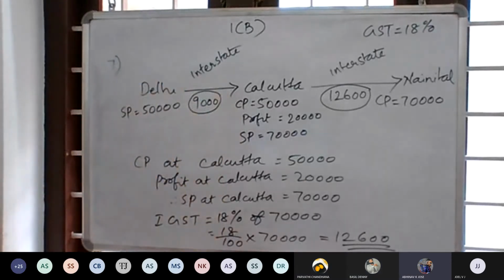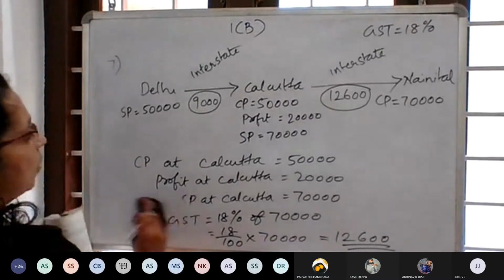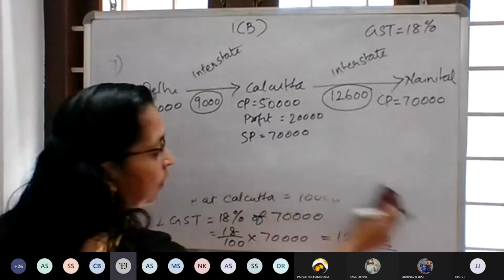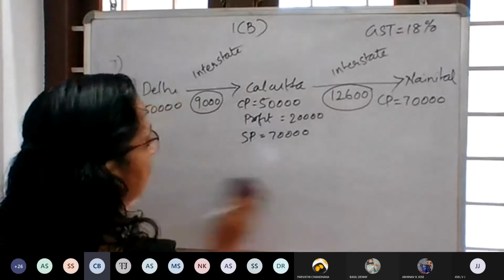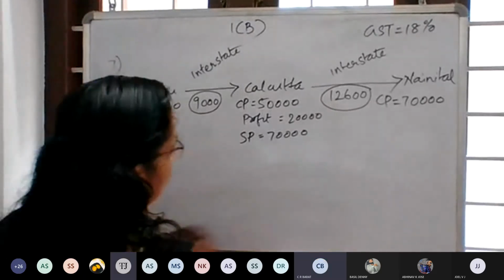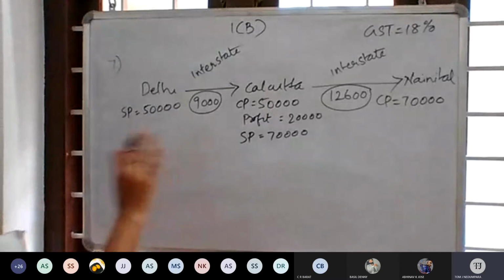So read the question. What are the things we want to find out? We want the output tax in Delhi, Calcutta, and Nainital. All the output taxes to find out. Delhi 9,000.